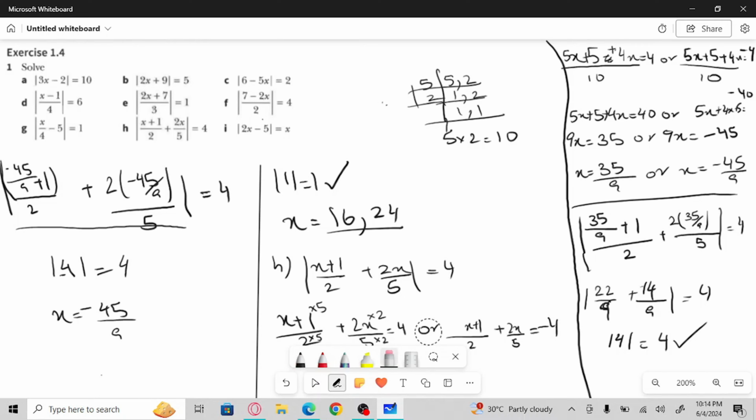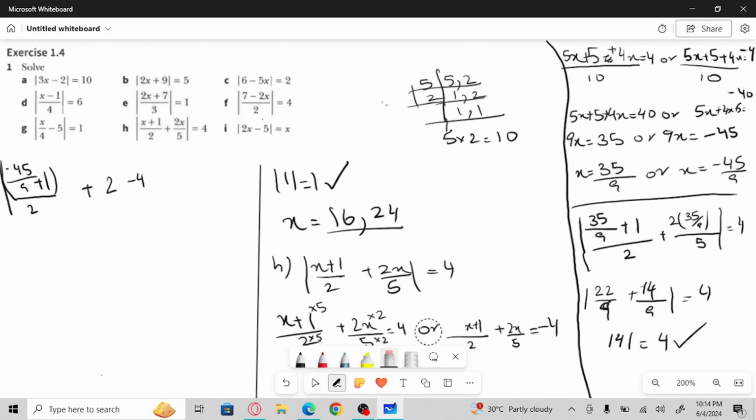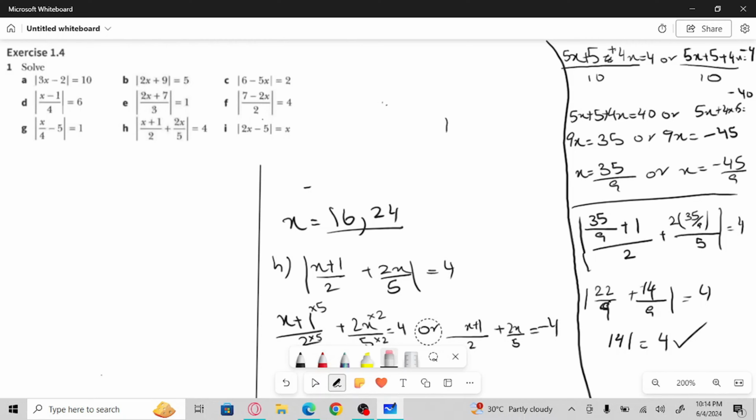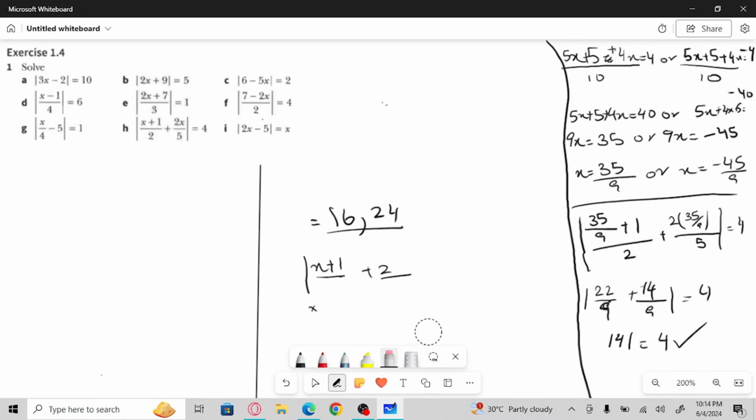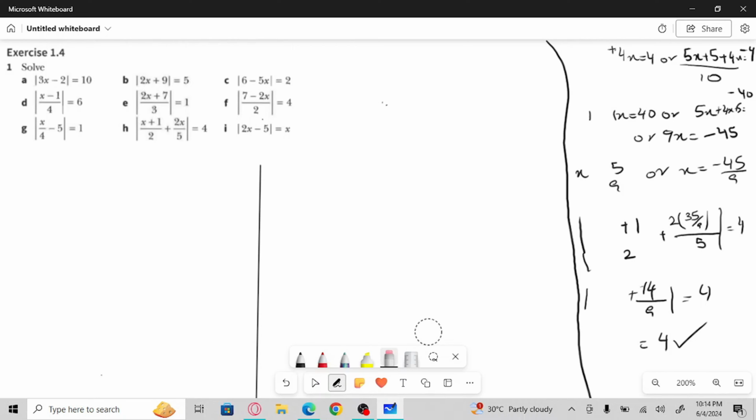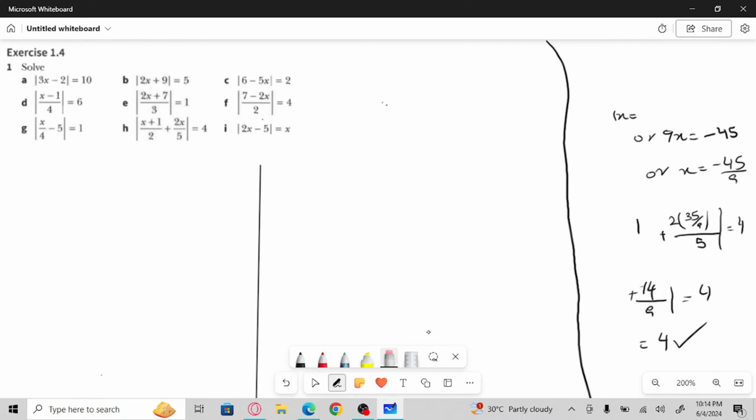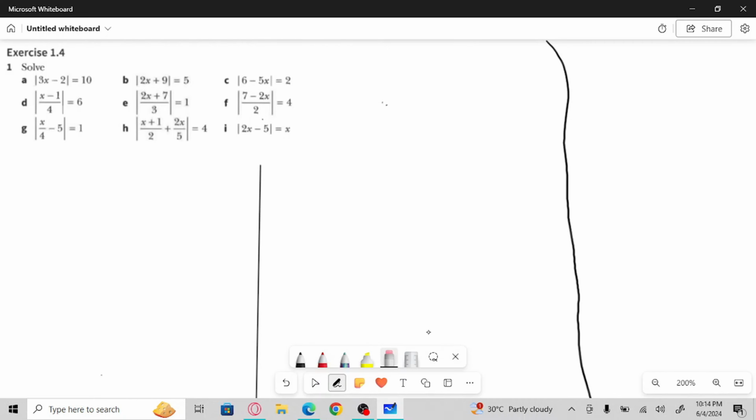Let's erase some space so that we can solve part I. Okay, so part I says that the modulus of 2x minus 5 is equal to x.